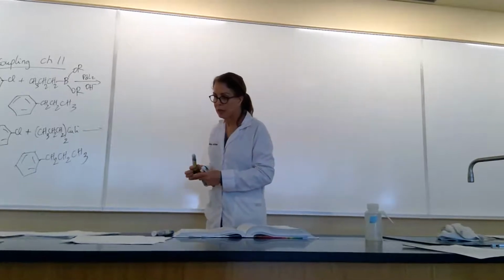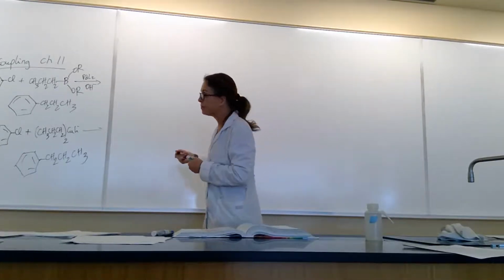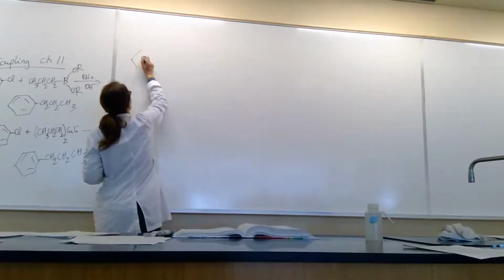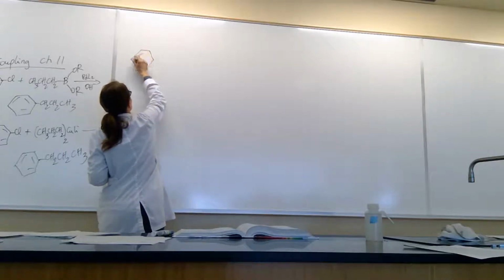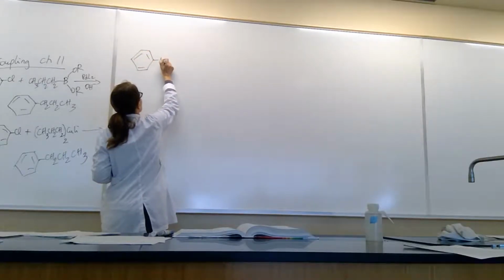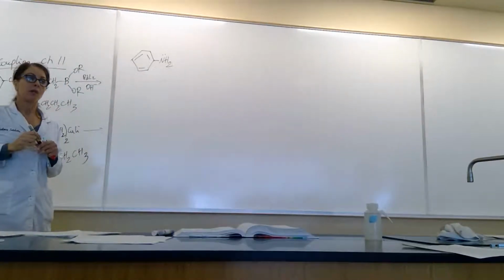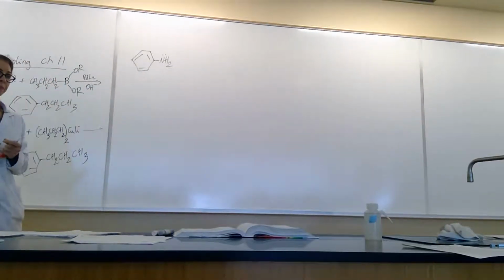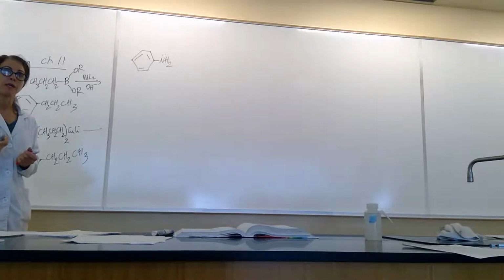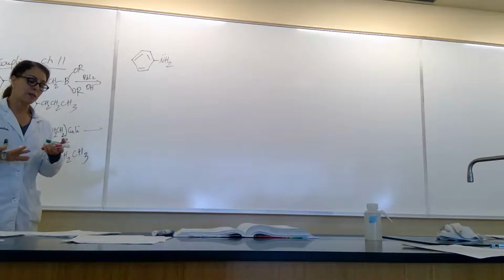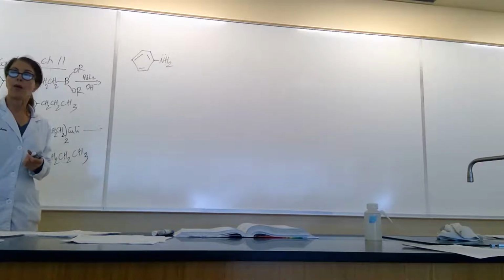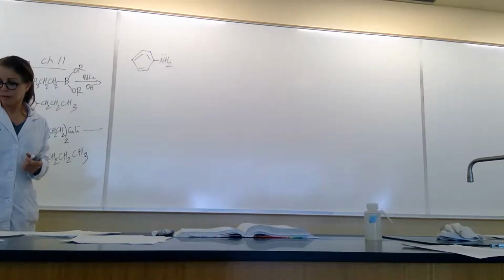So let me look at this one. Imagine I start with this. I want to add a second substituent. Before I even add a second substituent, I want to know where that substituent would land.